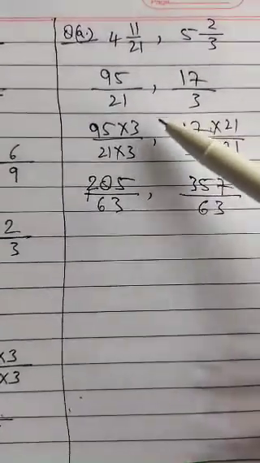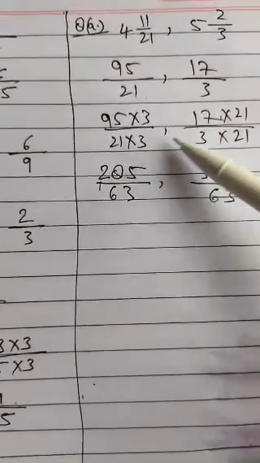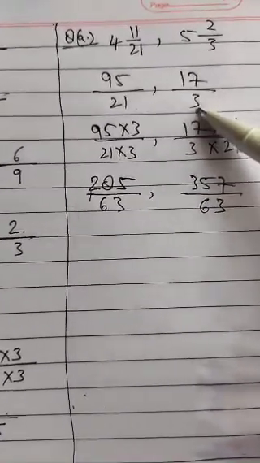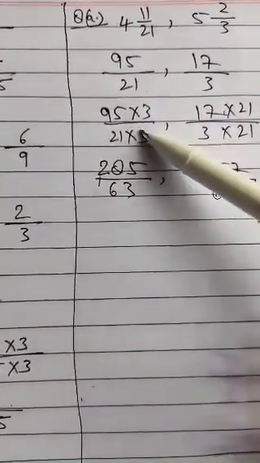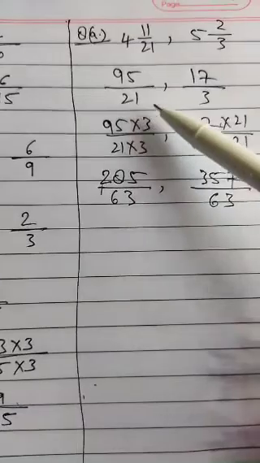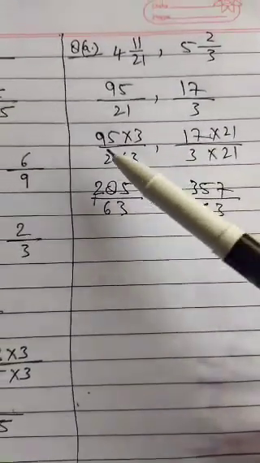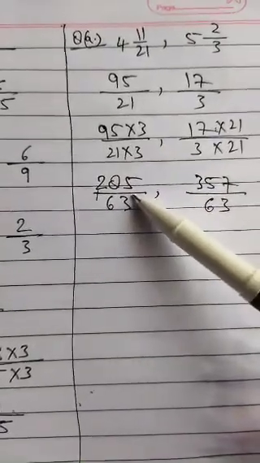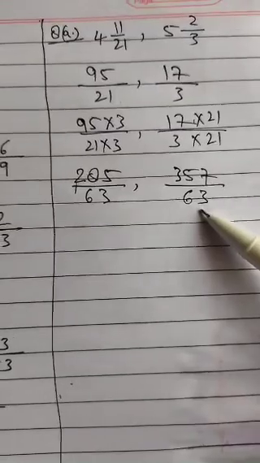First of all we will make the denominator equal, and I told you in question number 7 how to do it. So second denominator will be multiplied by first fraction like this, and first denominator will be multiplied by the second fraction like this. Now after multiplying you will get 285 upon 63 and 357 upon 63.